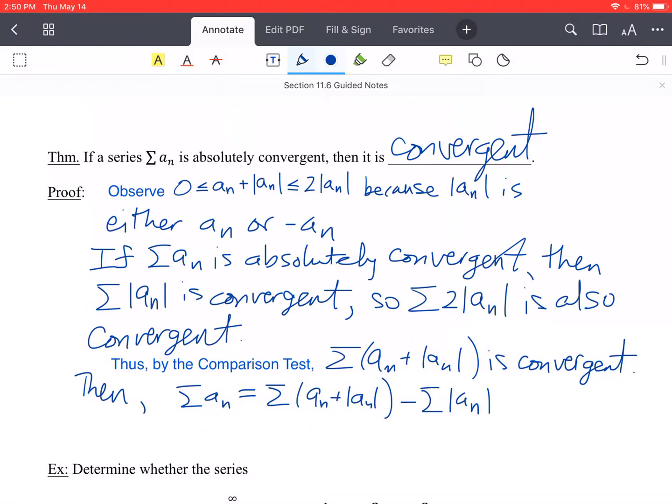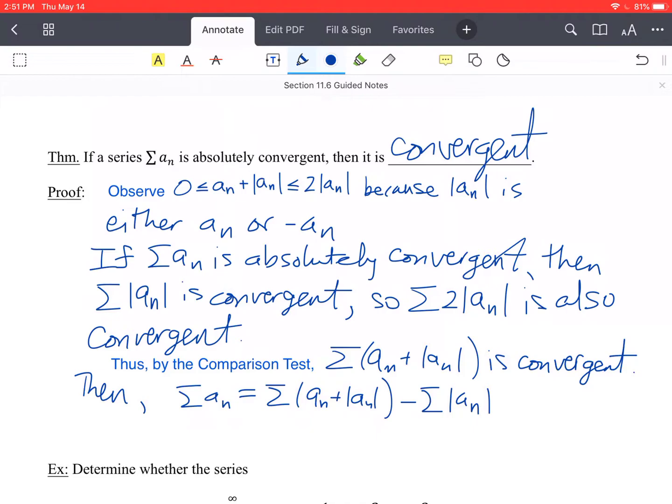But since we just showed that this series is convergent, and we showed that this one is convergent, well then this one, because it's the difference of those two, must also be convergent, right? Because it's a finite number minus a finite number, that has to also be a finite number.